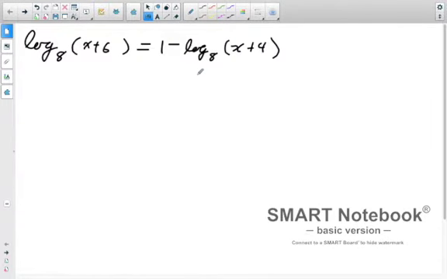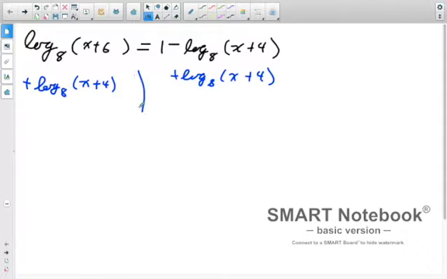However, it might be easiest for us to start off by adding log base 8 of x plus 4 to both sides. Because let's look at what happens. First off, our right-hand side is now just the number 1.